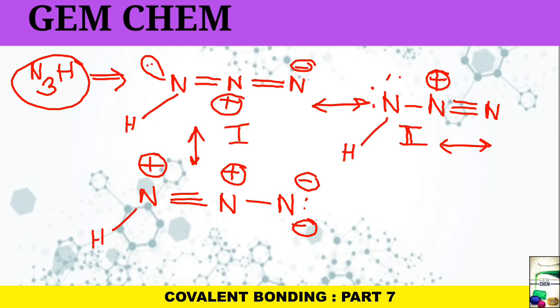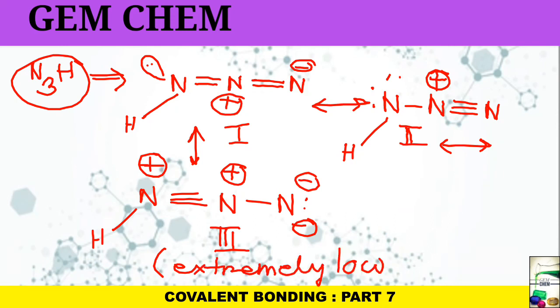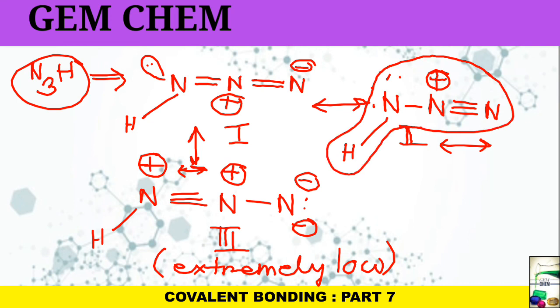But from the structures only you can understand the contributions will be extremely low. Extremely low. Because here two positive charges are present. Again here is an unequal contribution of the charges present. So in N3 minus structure 1, 2 and 3 will have higher contribution.